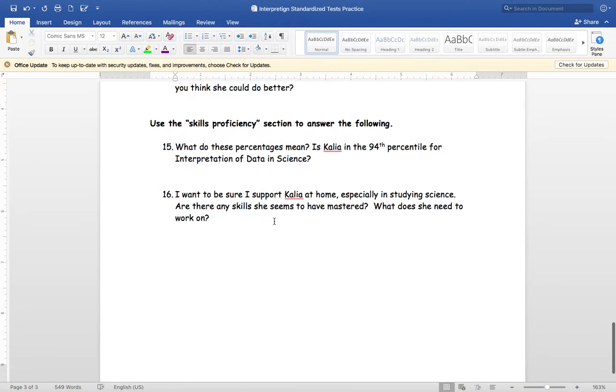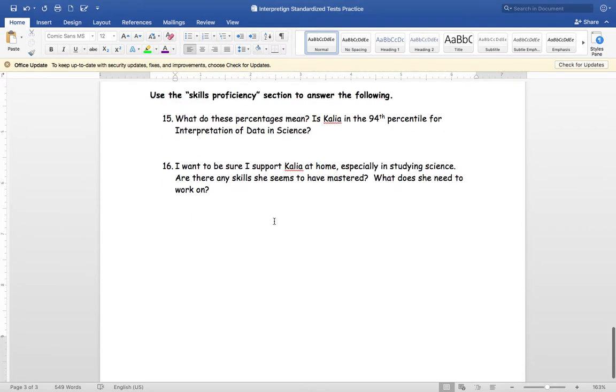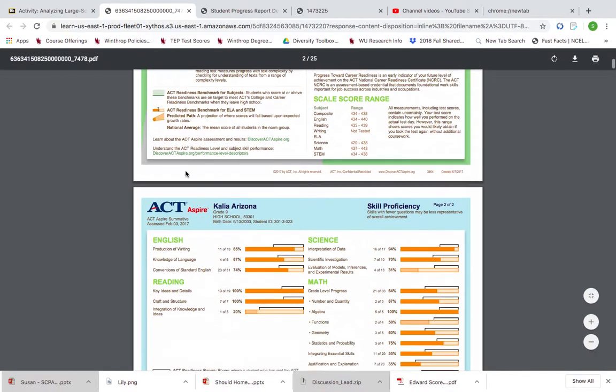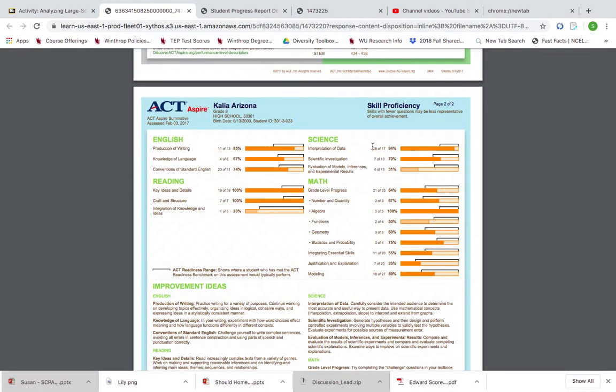Okay, and lastly, look at the skills proficiency. What do these skills proficiency percentages mean, and how can I support Kalia at home? I also get this question a lot. So looking down here, these are criterion referenced. How do I know? Because I see this percent sign, and also 11 of 13 questions.